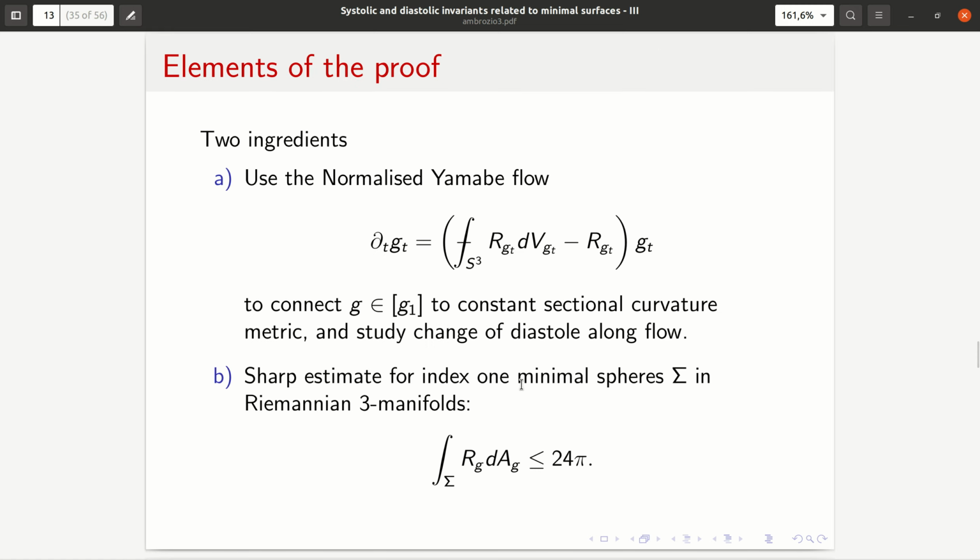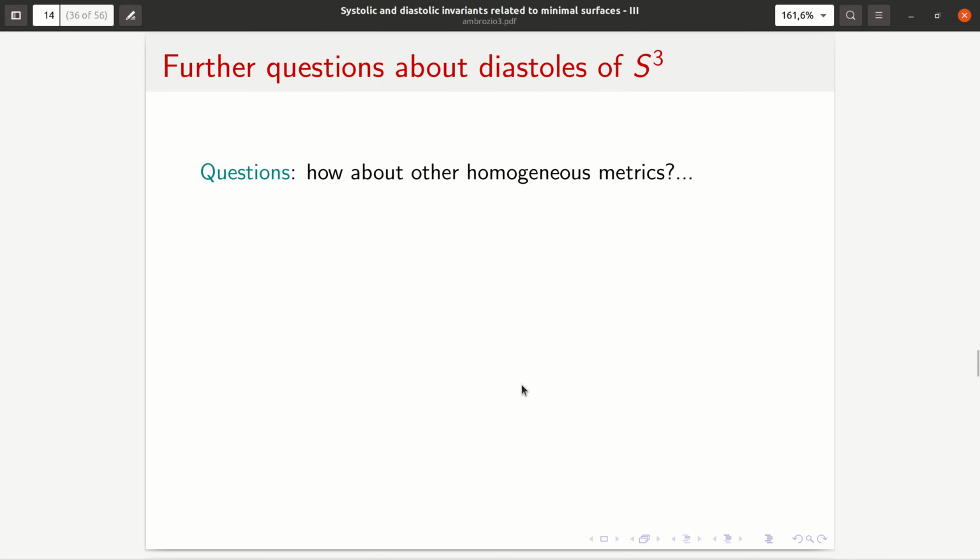The method is very tight, so everything is very sharp, so unless we can refine a few things, maybe item B, it's unclear how to generalize our argument in the case of other homogeneous metrics.